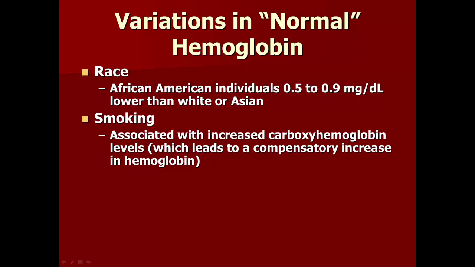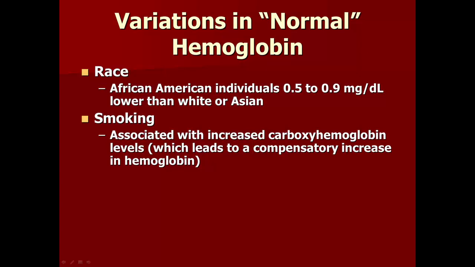In smoking, we know that smoking is associated with increased levels of carboxyhemoglobin. Carboxyhemoglobin is less functional than normal hemoglobin. When there's an increased level of carboxyhemoglobin, that then leads to a compensatory increase in hemoglobin in general. Now that sounds like a great idea, right? Because you don't want the carboxyhemoglobin because it doesn't function as well.